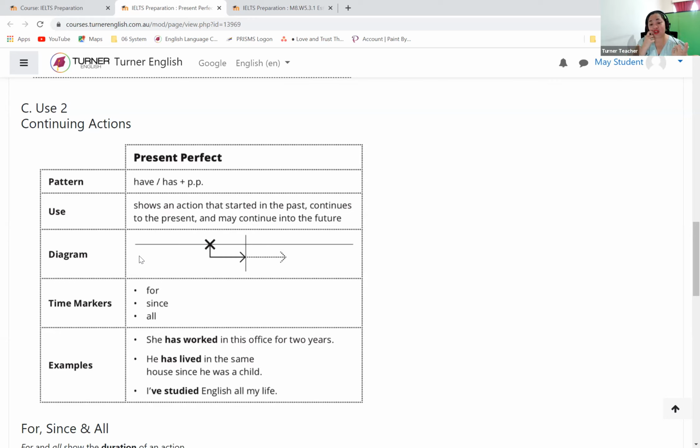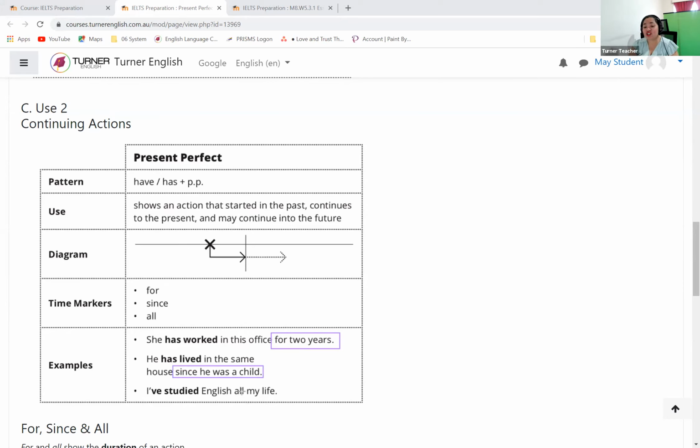For example, she has worked in this office for 2 years. Okay, so for 2 years. She has lived in the same house since she was a child.